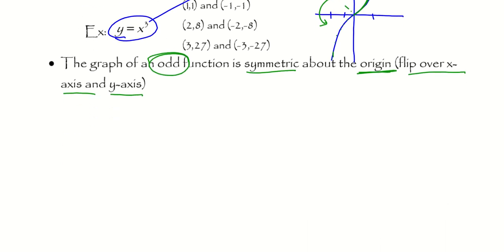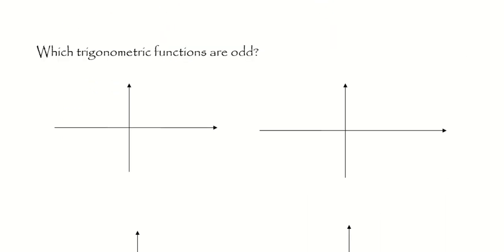So which of our trig functions are odd functions? Well, we have one trig graph that looks like this. And if you think about that, if you take this section here, flip that over the y-axis, and then take that and flip that over the x-axis, then what's on the right side of the y-axis flips over the origin.